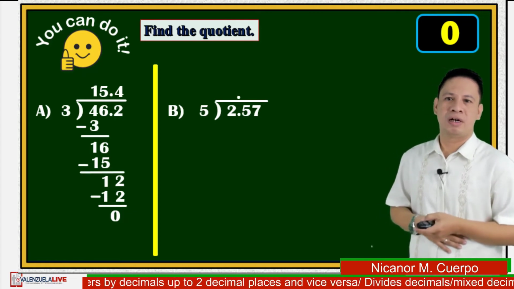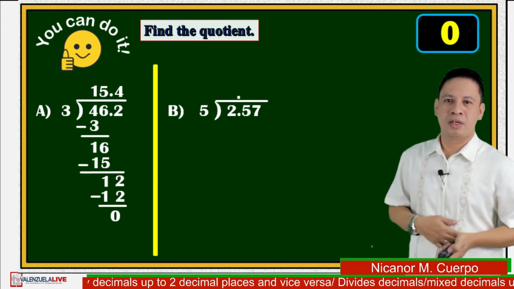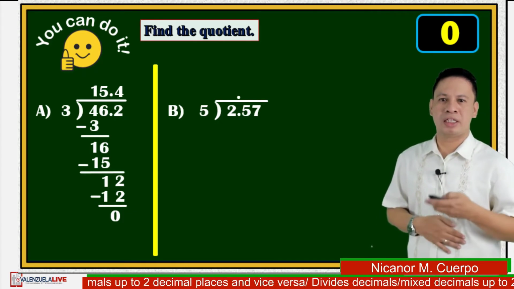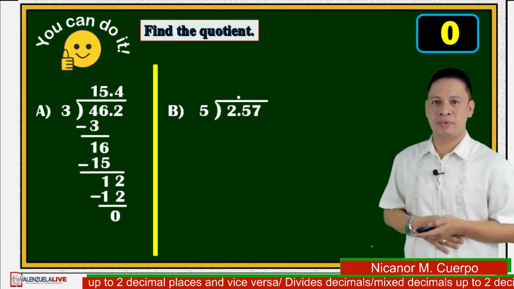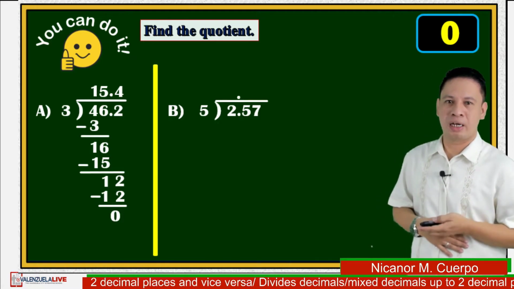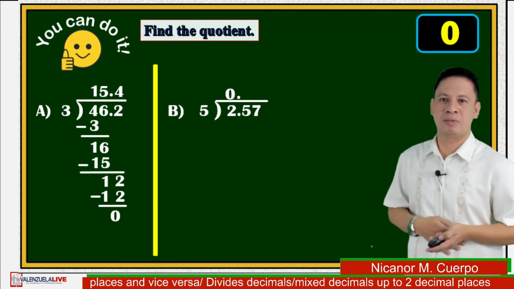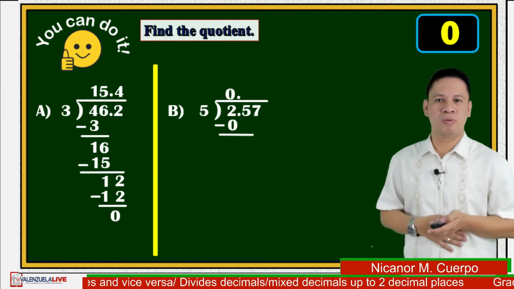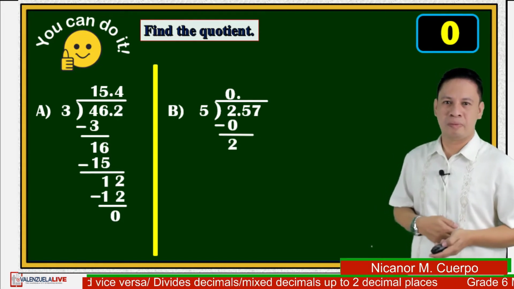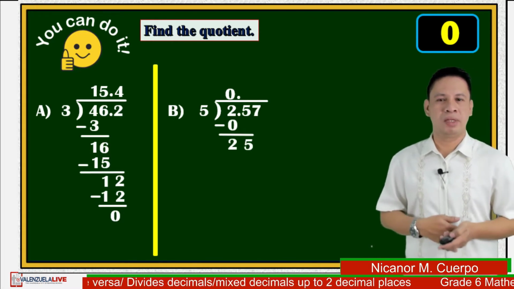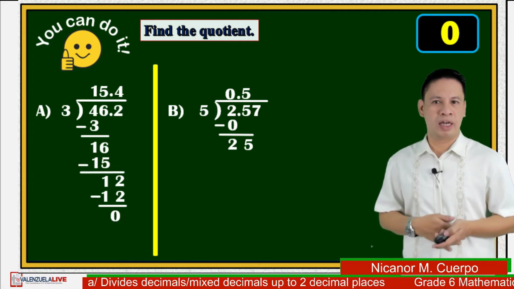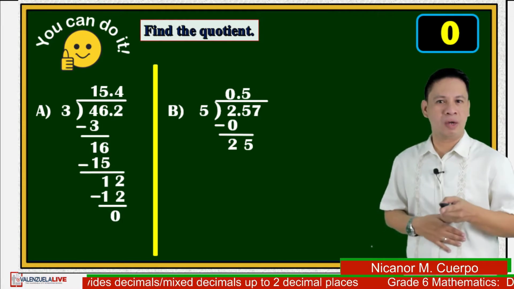Next, letter B. 2 divided by 5, since we cannot split 2 into 5, our answer is 0. Then 0 times 5 equals 0. 2 minus 0 equals 2. Then bring down 5. 25 divided by 5 equals 5.